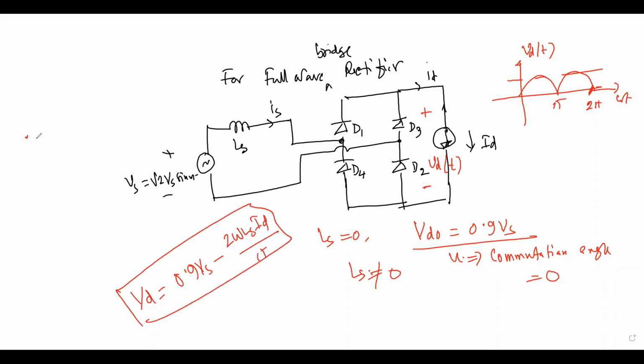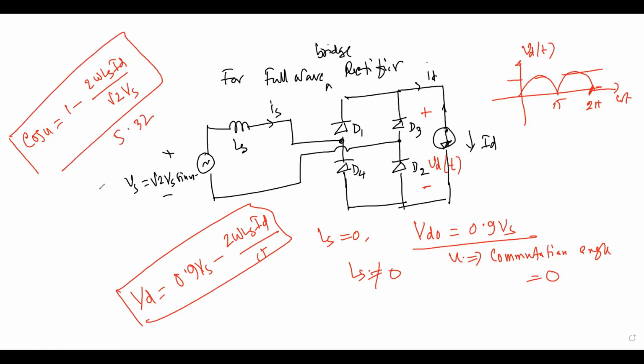And the expression of cosine u will be 1 minus 2 omega LS ID divided by root 2 Vs, that is your 5.32. We have covered until this one.